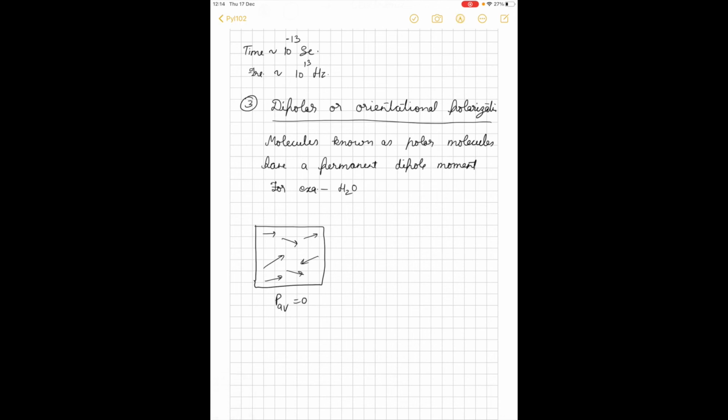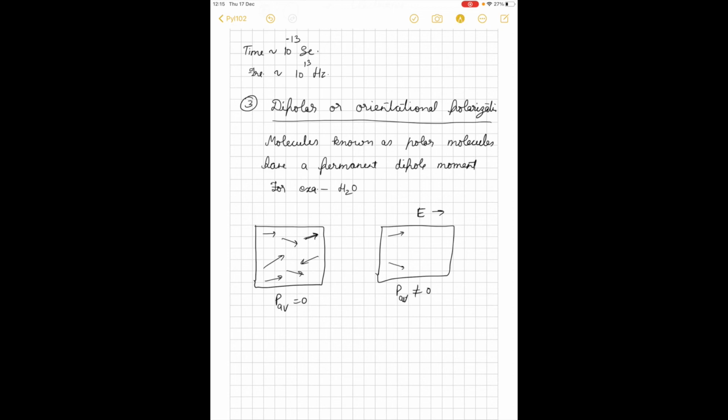Because the dipole moment of each individual water molecule will be in different directions, the average would be 0. But let's say we apply an electric field. What will happen? The P average will be some non-zero quantity, depending upon the E. If we have pretty large E, all of them would try to align along the electric field.